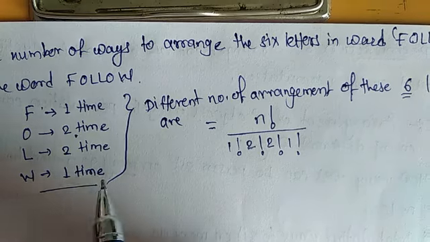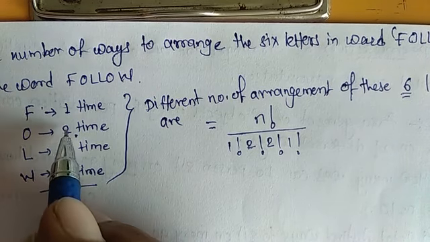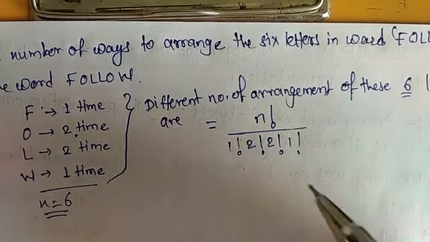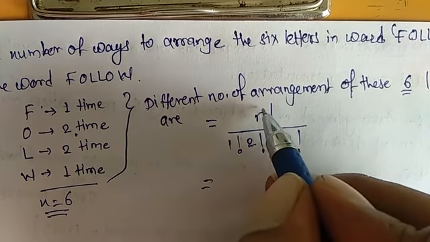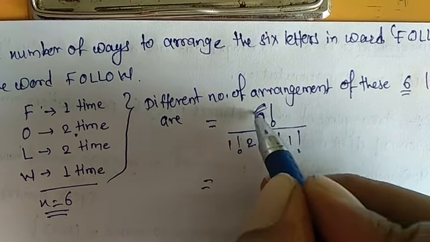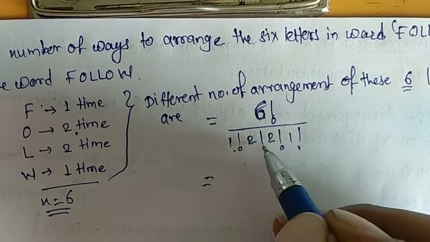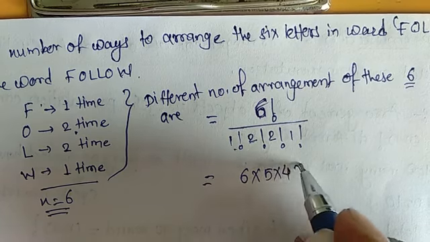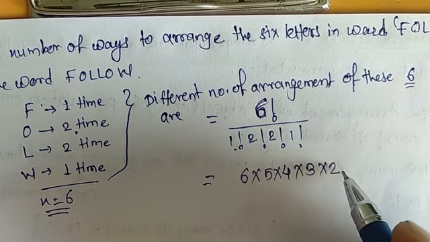The addition 2 plus 2 is 4, plus 1 is 5, plus 1 is 6, which gives n. So the answer is 6 factorial upon 1 factorial into 2 factorial into 2 factorial into 1 factorial. Now 6 factorial is 6 into 5 into 4 into 3 into 2 into 1.